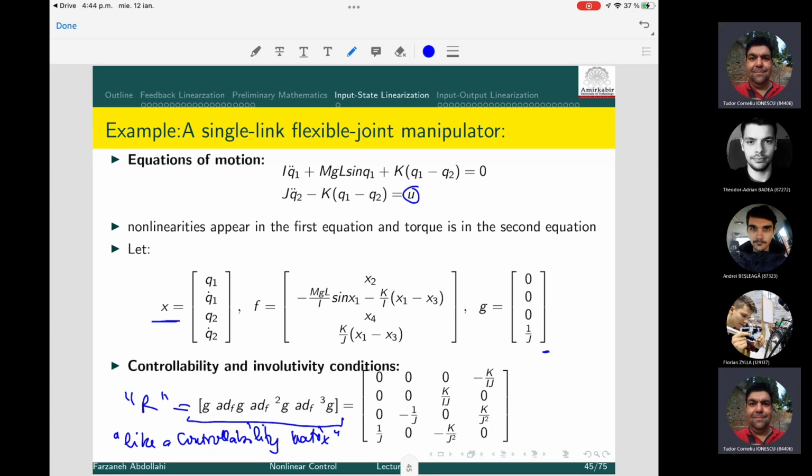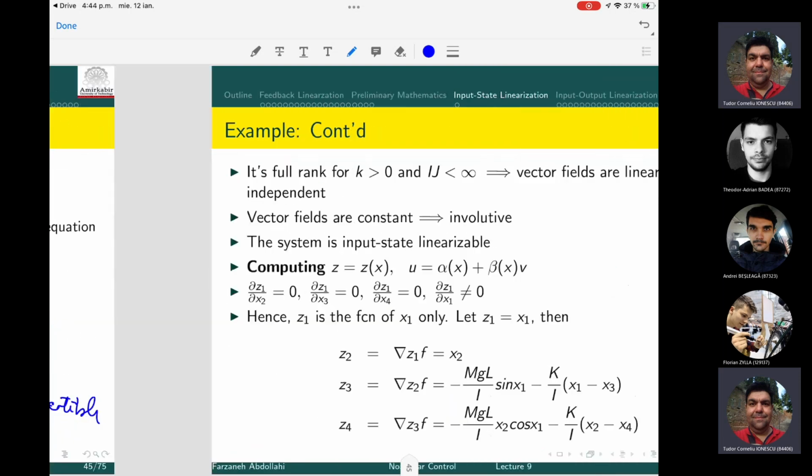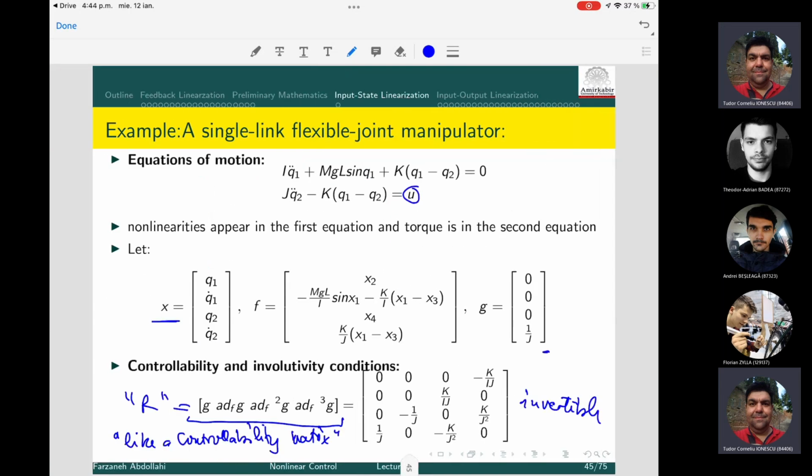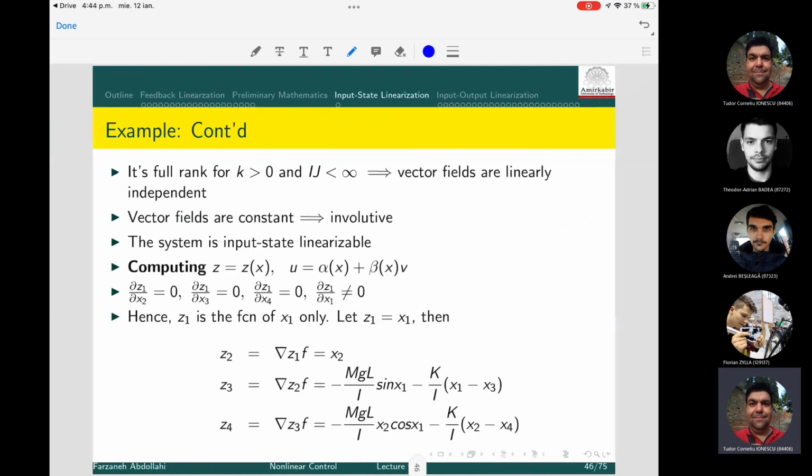And the determinant of this is nonzero, so this is invertible. It's full rank for K positive and the product IJ finite. Yeah, of course. Vector fields are constant, so it's involutive. So the system is input-to-state linearizable according to the theorem.